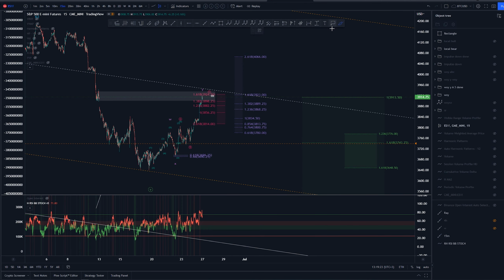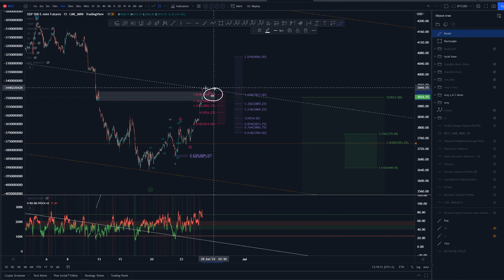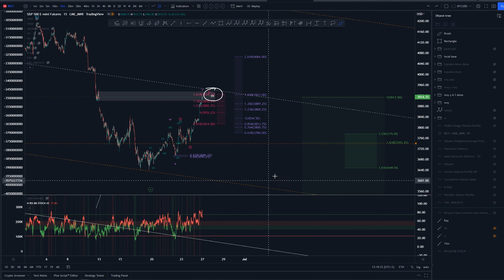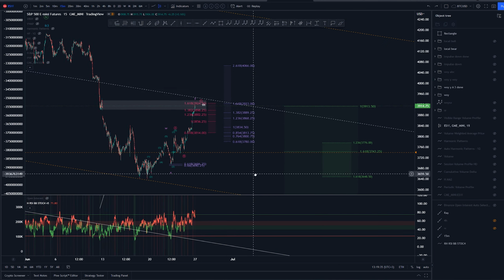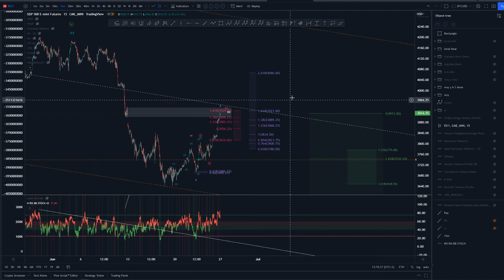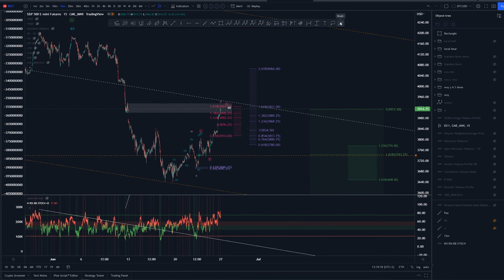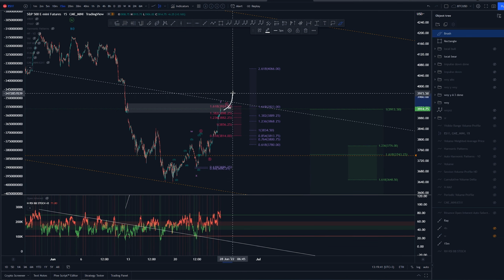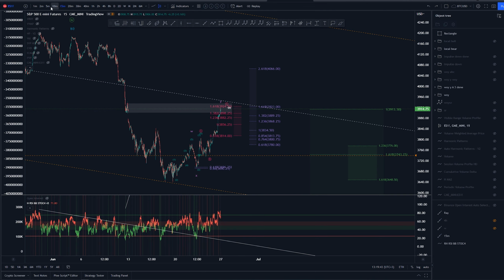To me, my playbook includes that we are currently looking for just a bit higher than this one and then dumping down for the continuation of that last C wave. Now, overall, still bearish, lower time frame, we still could be looking for that higher price.